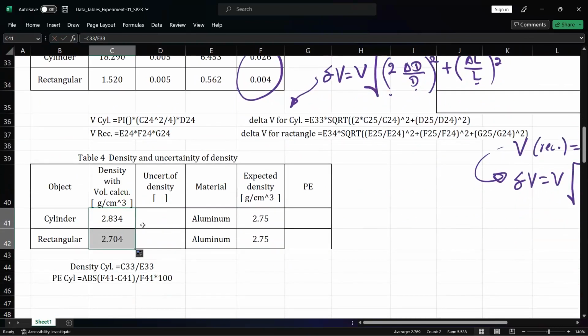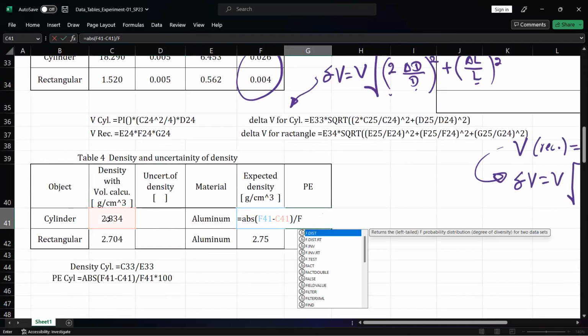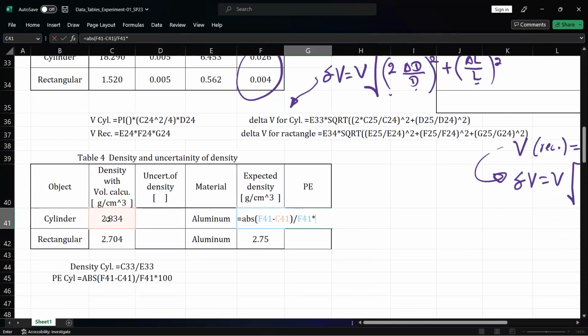And then what we need to do, let's do the percentage error also first: equal ABS open bracket expected value minus the calculated value, close bracket, divide by the expected value, multiply by 100. Then you click and drag.